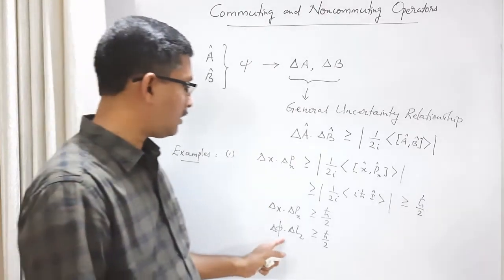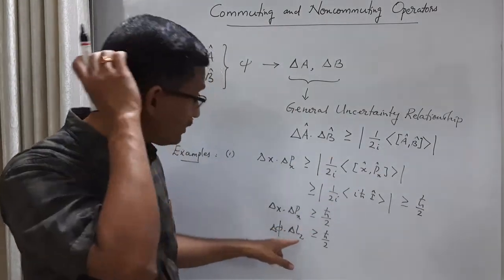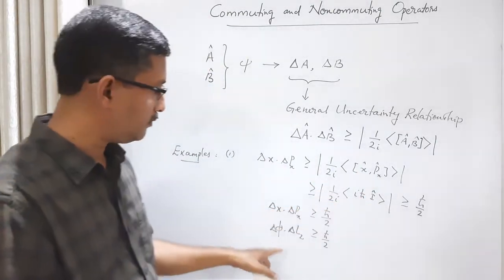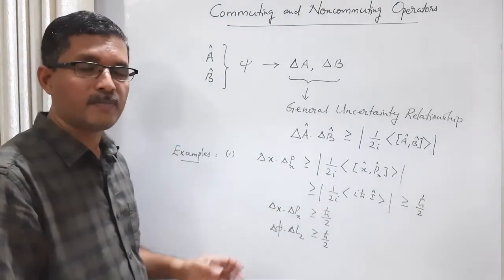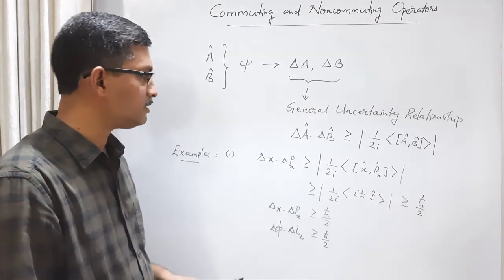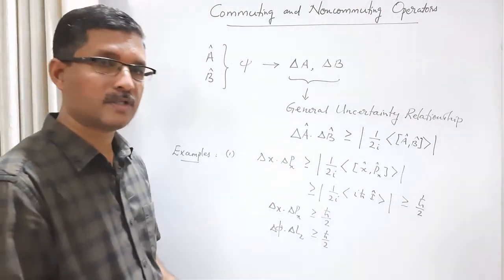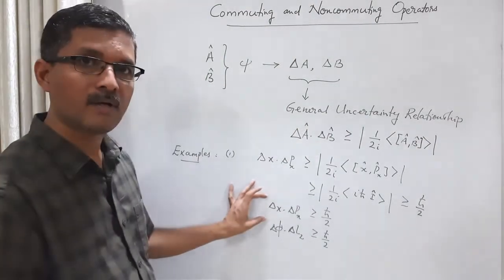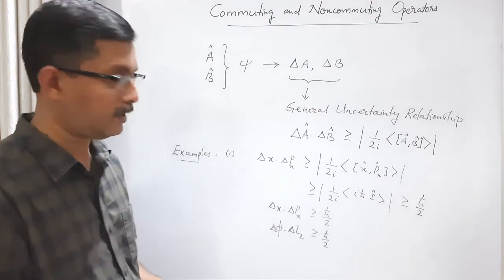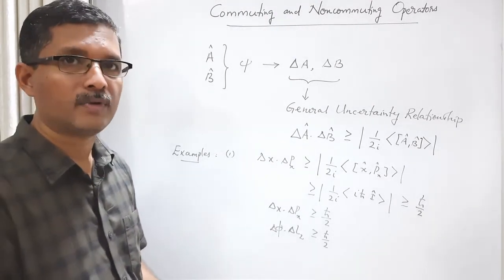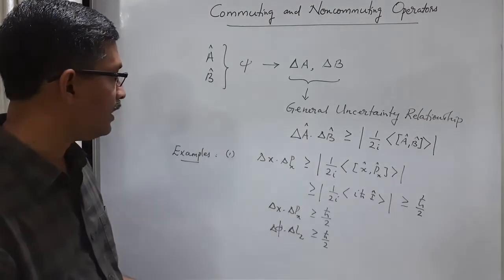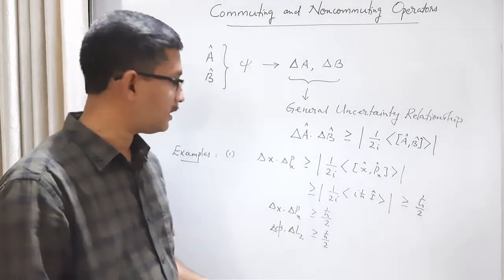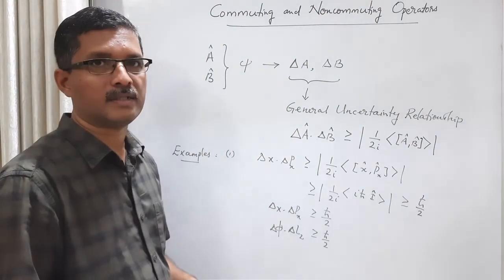Because the commutation rule is exactly this, the uncertainty relationship will also be exactly this. So they share the same. Any pair of canonically conjugate operators satisfy Heisenberg's commutation rule, and they satisfy this Heisenberg's uncertainty relationship also, provided they are non-commuting operators. So we can say any pair of non-commuting canonically conjugate operators satisfy Heisenberg's uncertainty relationship.